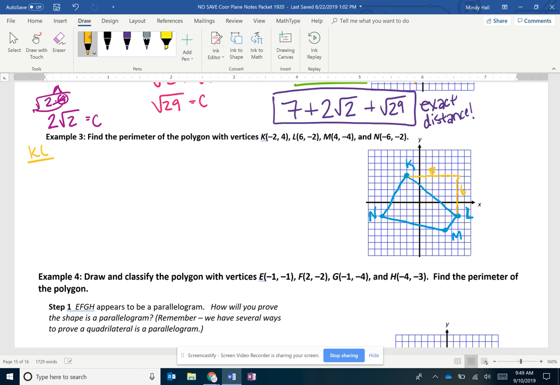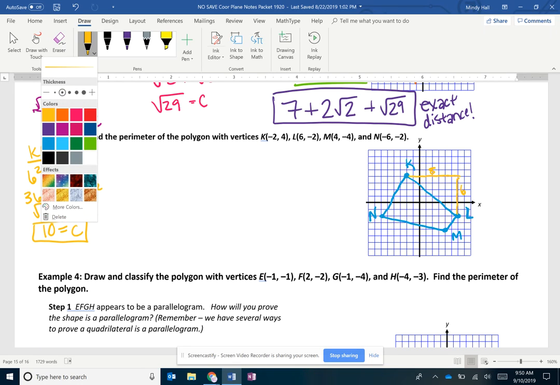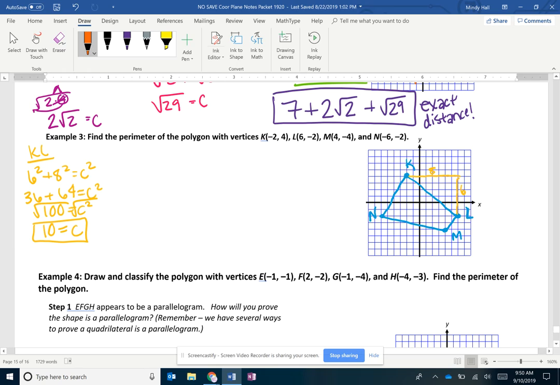So then that would give me 6 squared plus 8 squared equals c squared. 6 squared is 36, 8 squared is 64, and that gives me 100. So then the square root of that is 10.